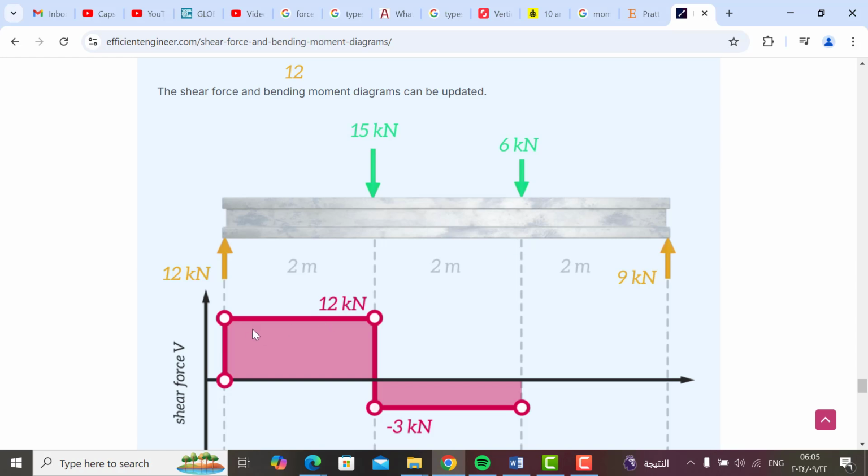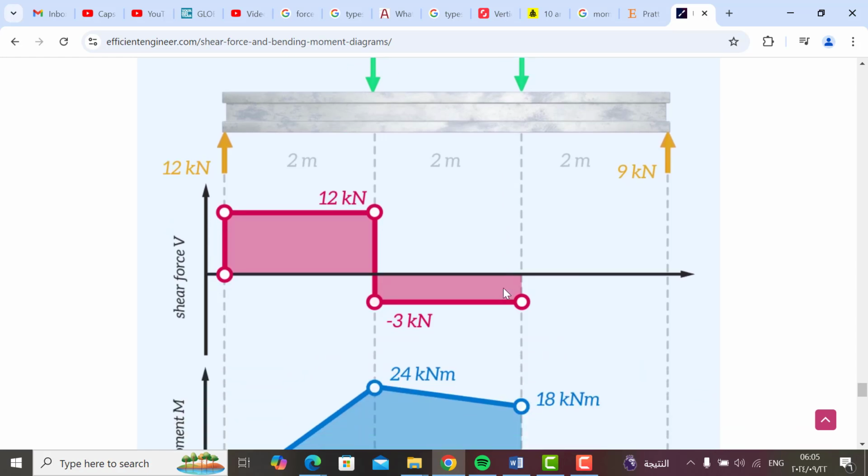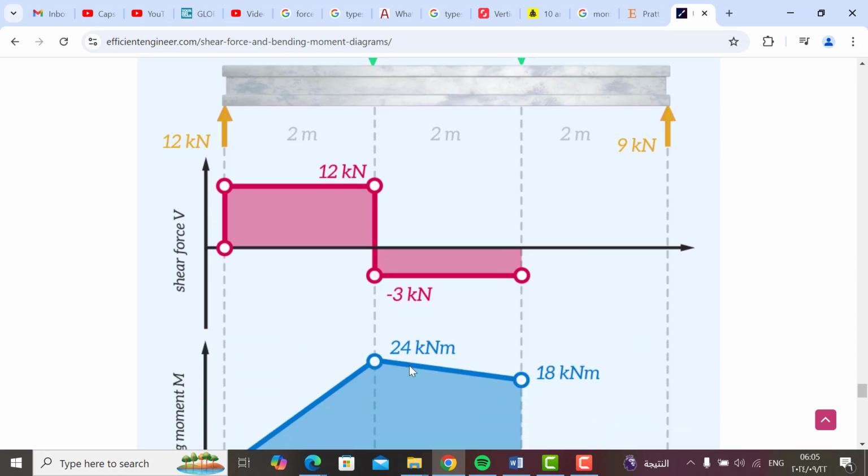Okay, and 12 times 4, it's 48. So we will decrease here to 18, 18, and the slope is the difference between this point and this point.